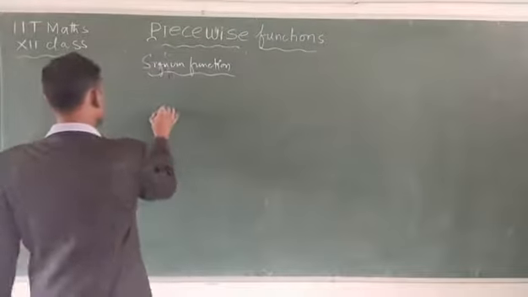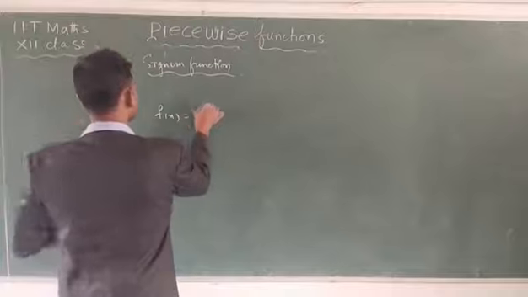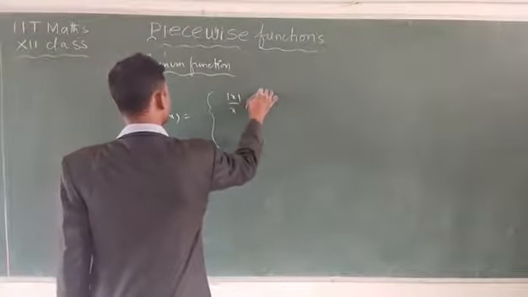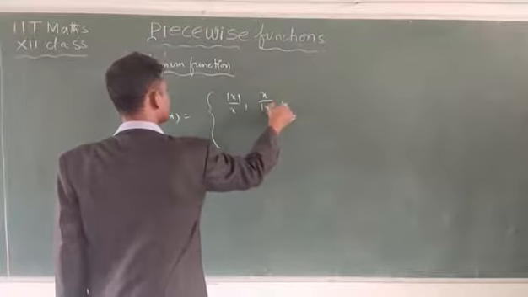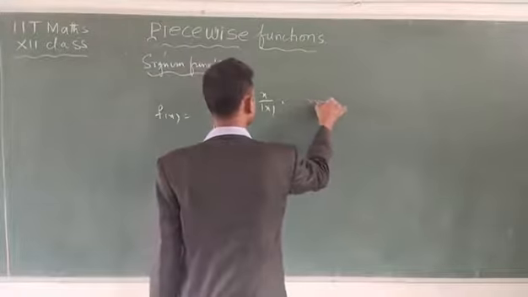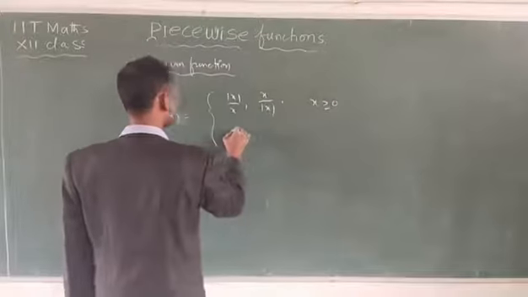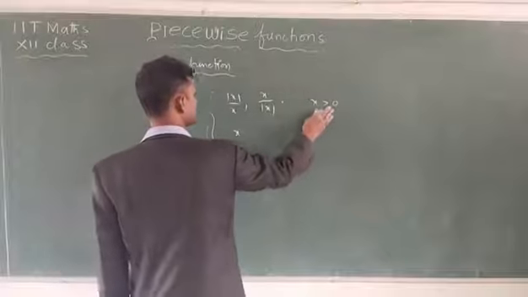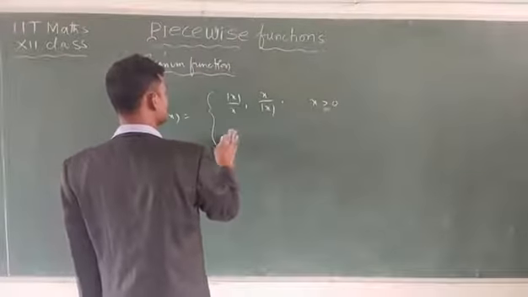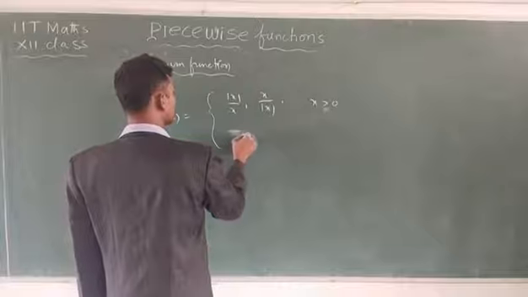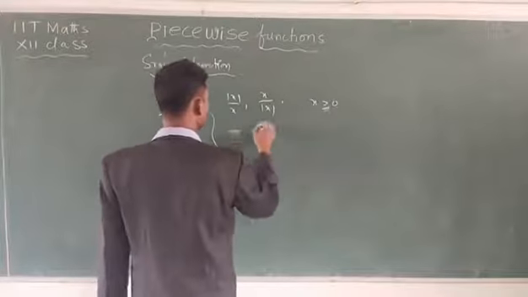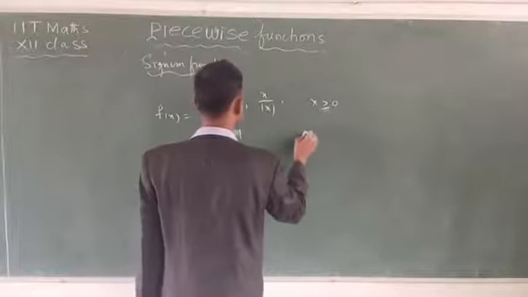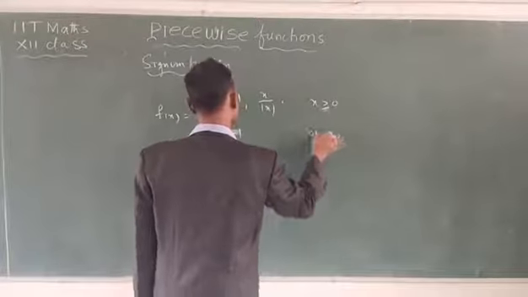Let f(x) be equal to x by modulus of x, when x is not equal to 0, and 0 when x is equal to 0. When x is less than 0, it is equal to minus 1.